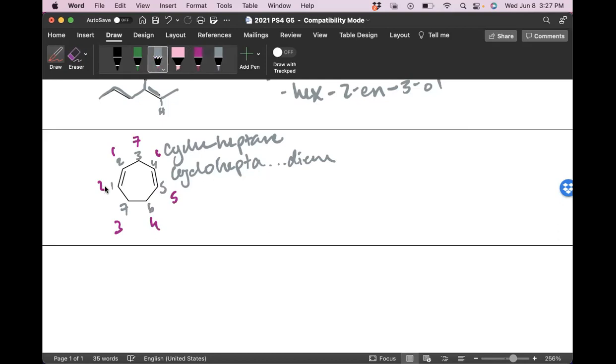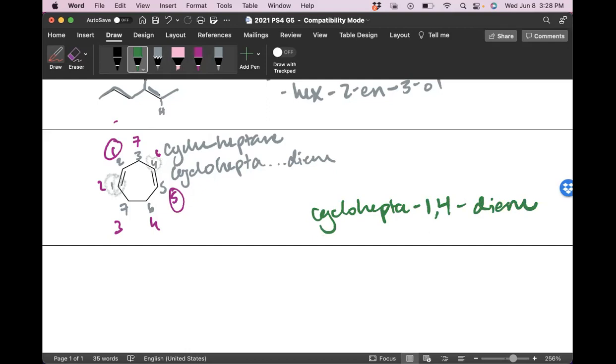We have a 1 versus a 4, and a 1 versus a 5. The 1,4 is what we want. So we would get a cyclohepta-1,4-diene.